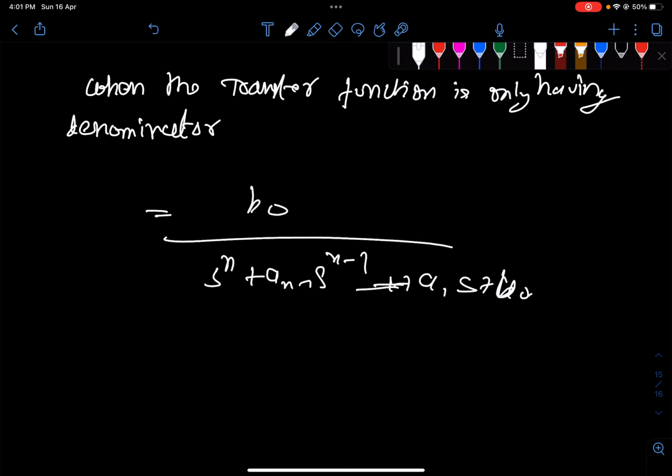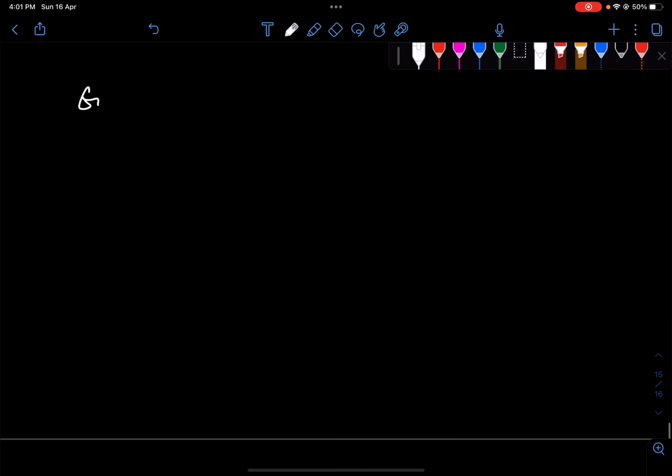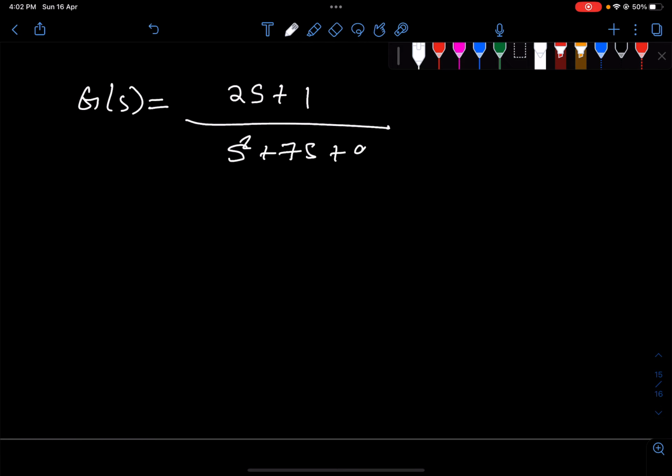Or what happens when a transfer function is given with Laplace terms in both? So what about a system like g of s given as 2s plus 1 divided by s square plus 7s plus 9.